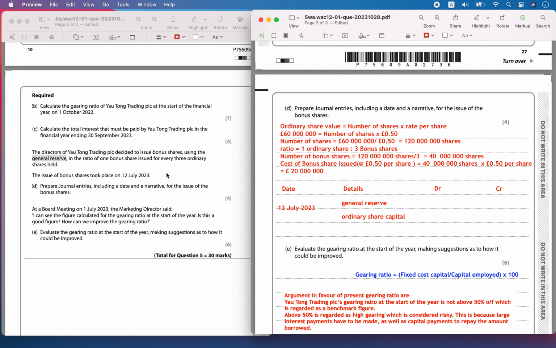So now the debit: debit 20 million pounds from the general reserves which you have held, and you will credit it to the ordinary share capital. So this is the journal entry for this transaction which has happened.